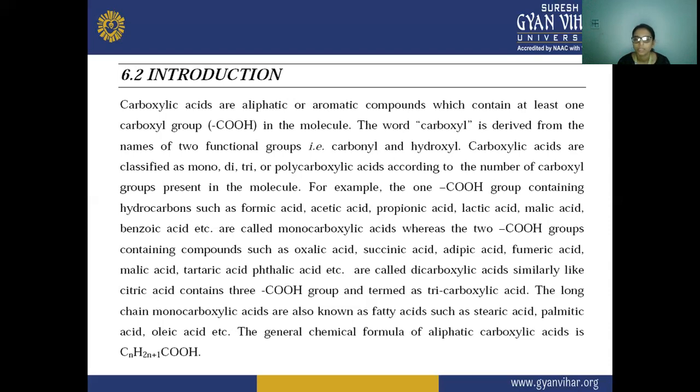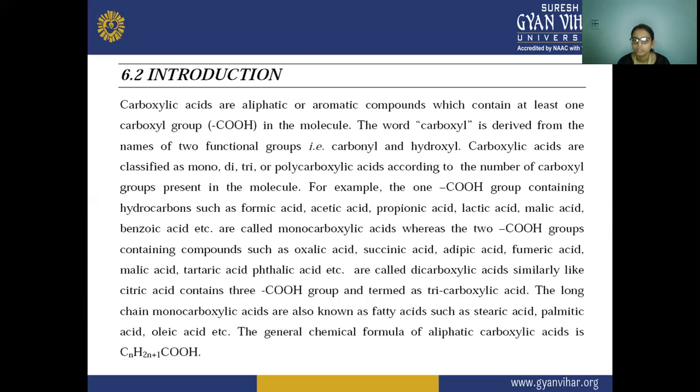So the carboxylic acids are classified as mono, di, tri, or polycarboxylic acid according to the number of carboxylic groups present in the molecule. You can say these are classified as mono, di, tri, or poly.